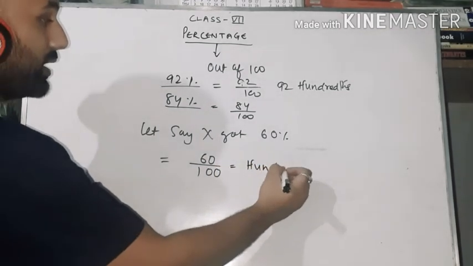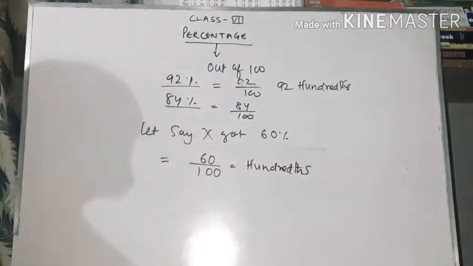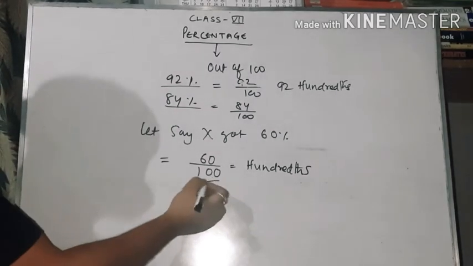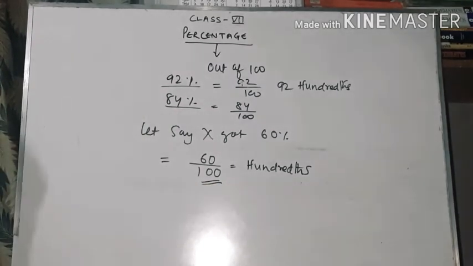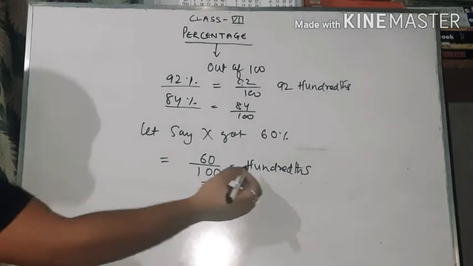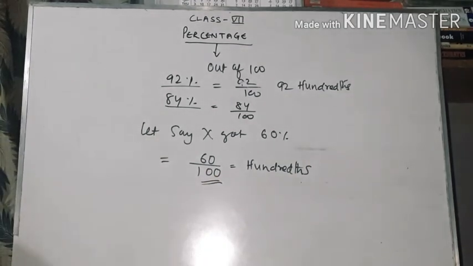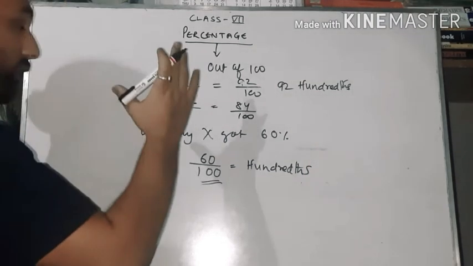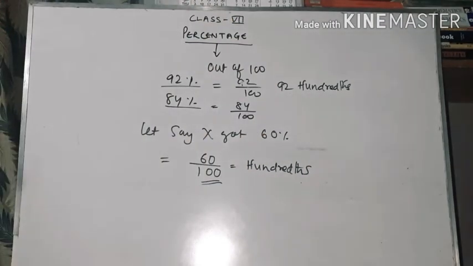Why? Because the 100 is dividing the number. So we call it hundredths. Percentage actually means it is out of 100.